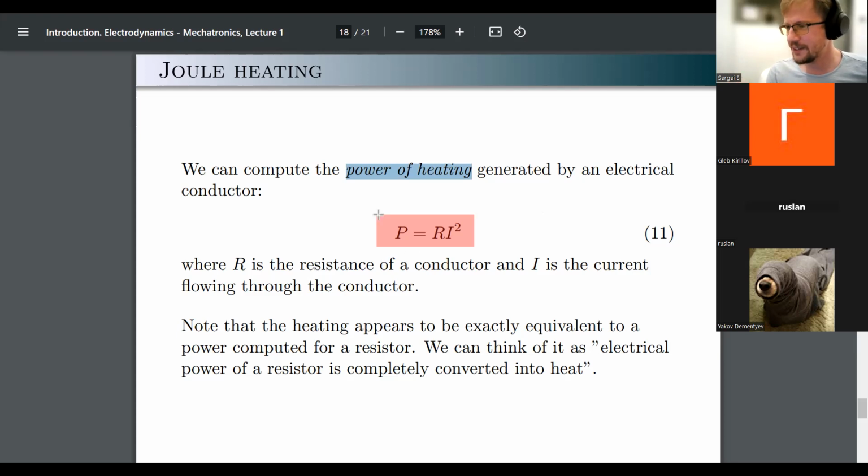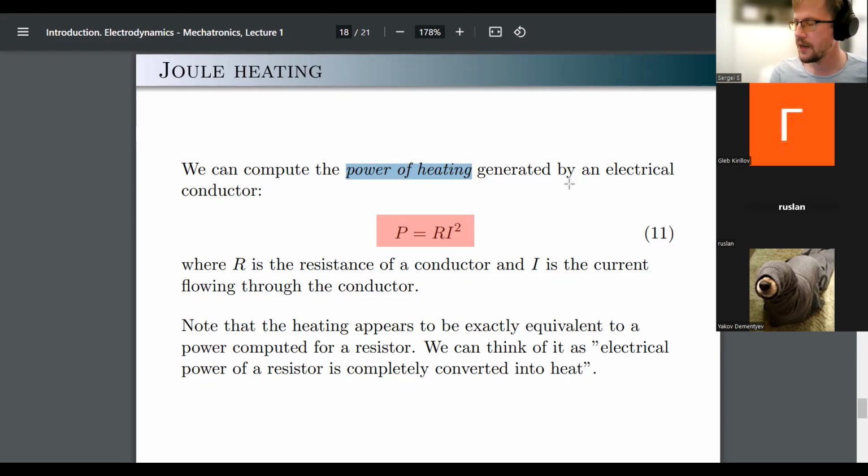And this is basically the power, so the amount of joules per second that goes into heating. So you can say that's the rate of change of energy that was transformed into heat.